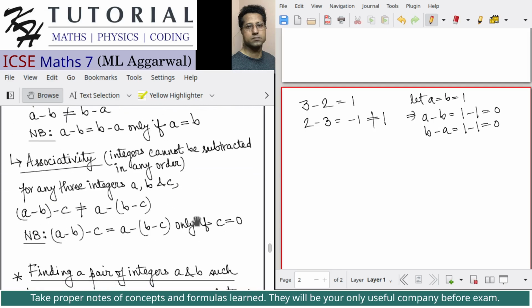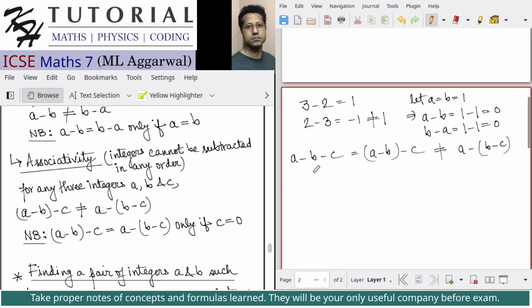Now this will not be true for subtraction. You cannot subtract three integers in any order. That is, if a, b, c are three integers and I have to compute a minus b minus c, this is actually a minus b and then minus c, but this is not equal to a minus b minus c taken in the other order.